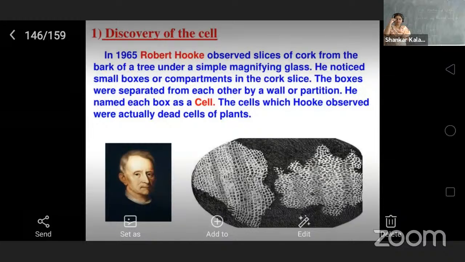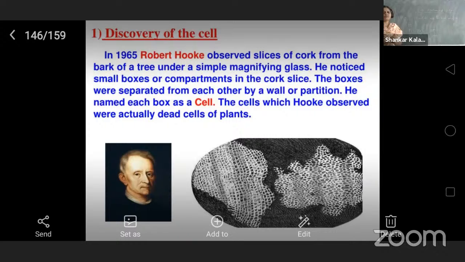You use a magnifying glass sometimes, students. He noticed small boxes or compartments in the cork slice, and he named each box a cell.